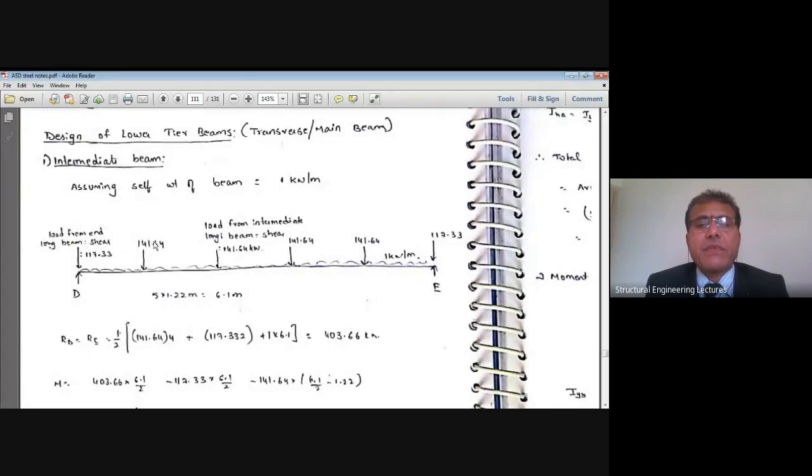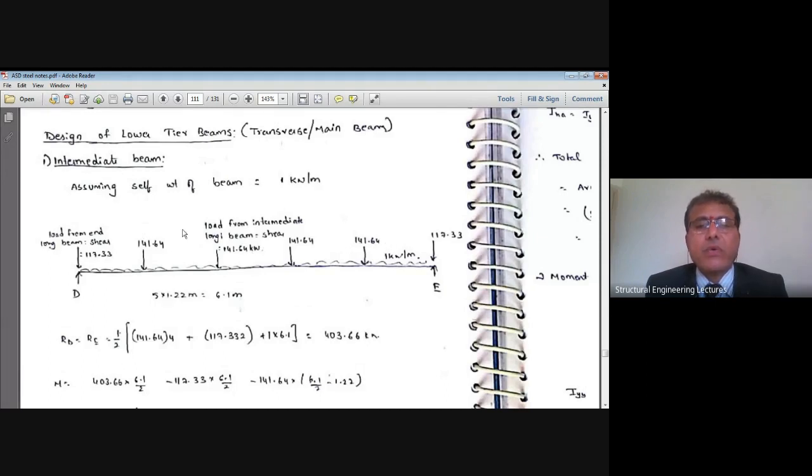Therefore, the reactions from the intermediate girders on this main beam are 141.64. We already calculated in the previous subheading that the reactions on the main girders at intermediate locations worked out to be 141.64 kilonewtons, right?